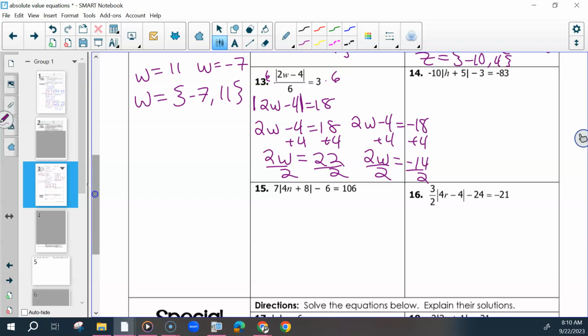Let's see if we could do one more. Number 14. More complex than the other ones, but we're doing the exact same thing. What would be our first step?